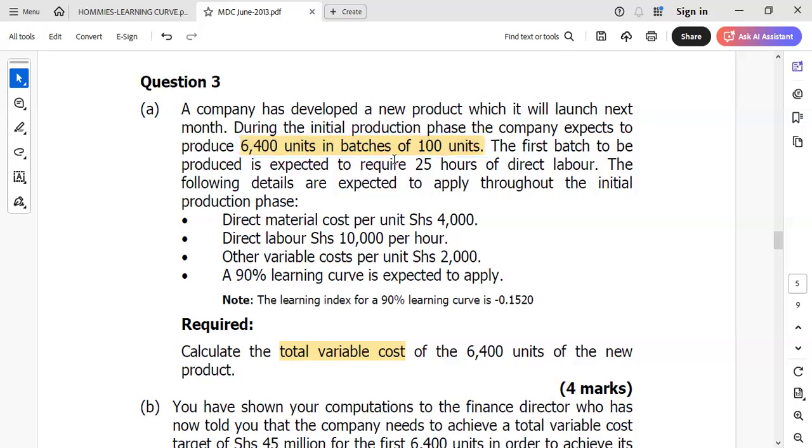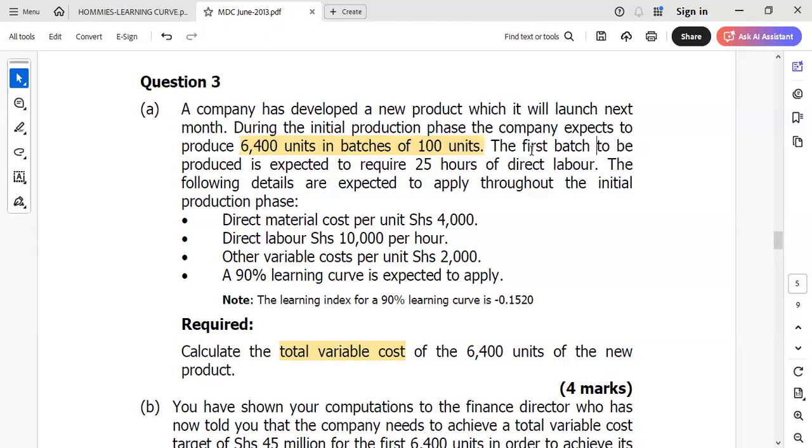Also, this is something that you need to know. In batches of 100 units, it means that one batch contains 100 units. One batch comprises 100 units.